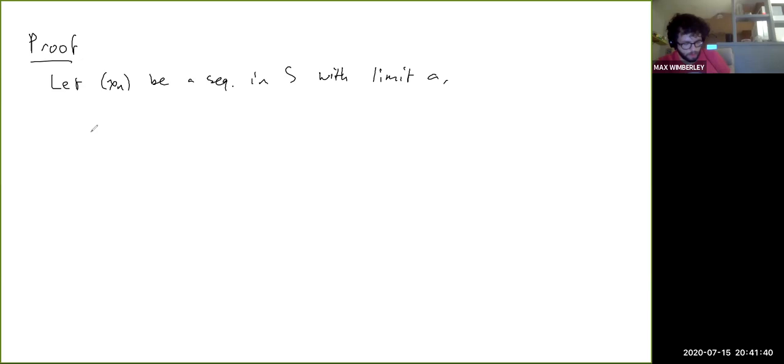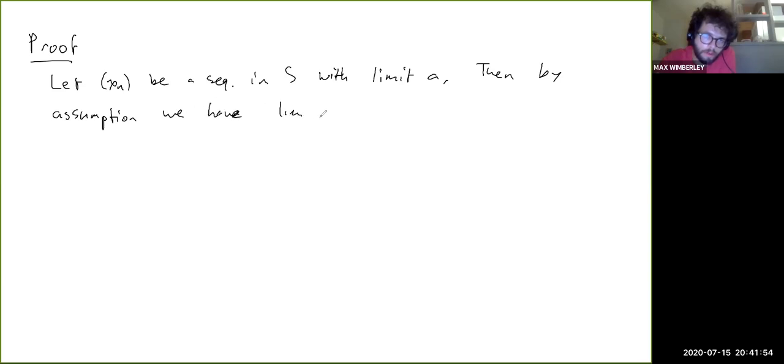Then by assumption, we have the limit of f1 of xn equals L1, and the limit of f2 of xn equals L2.